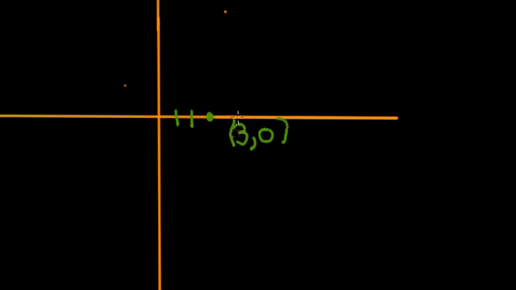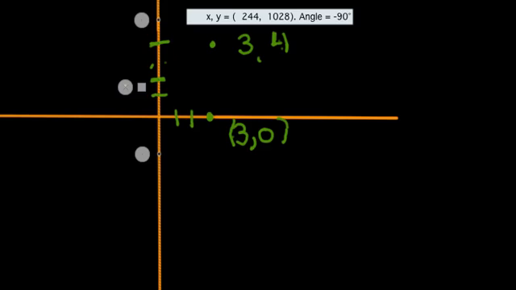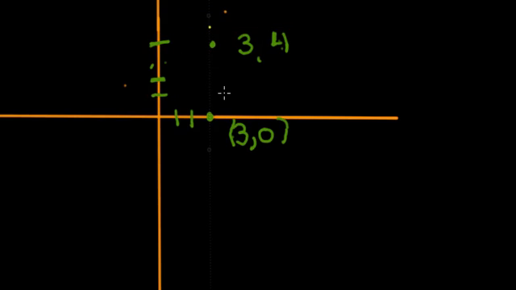And I also have the point 3, 4. And there's 4. So there is 3, 4. Get my ruler back out. Keep with yellow. That was working for me. Creature of habit. There's my line.